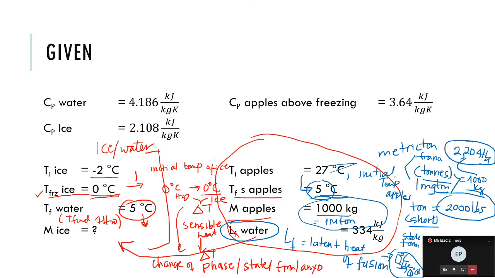It will become 0 degrees water. So there's no involvement of delta T, or change in temperature, but there is a change in phase, and we call that latent heat of fusion, meaning there's an energy being released during this process, and that is the latent heat. And we might consider that in the calculation.